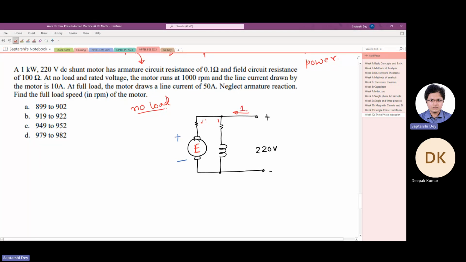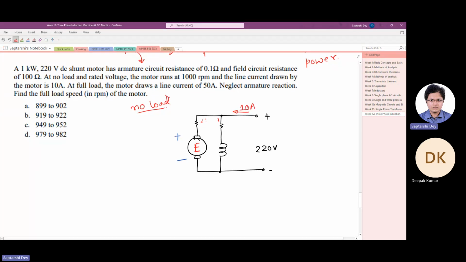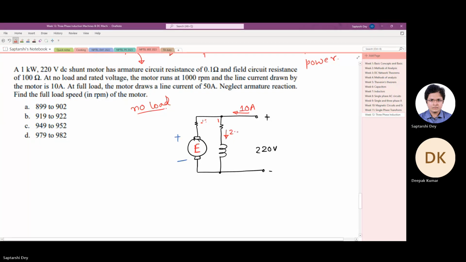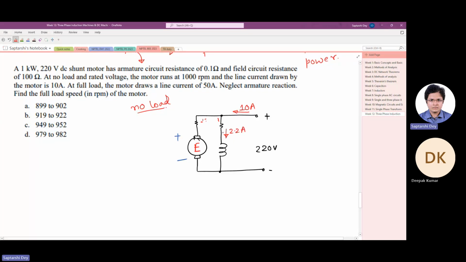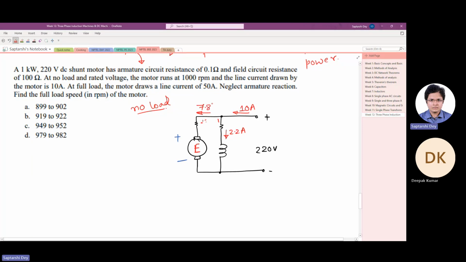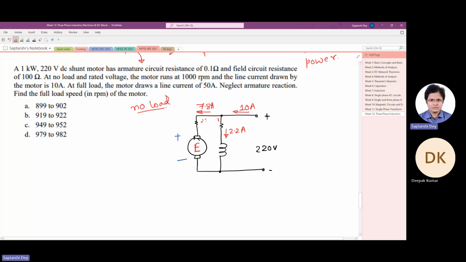The field circuit is 100 ohms, so 2.2 ampere will go to the field, and the rest, 7.8 ampere, is going to the armature.